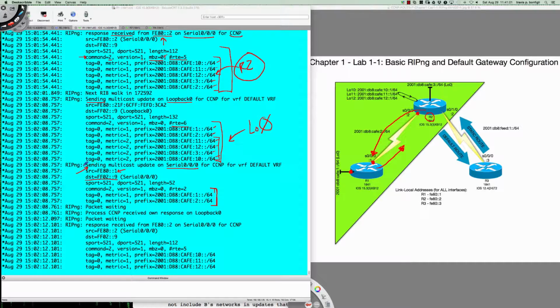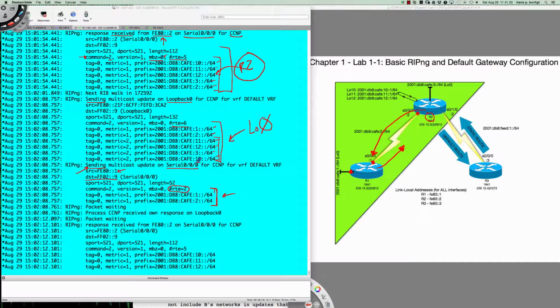However, look at what I am sending to router 2. What am I sending? I'm only sending how many route table entries? 2. And now we have to ask ourselves, well, why is that? And it's because of split horizon.